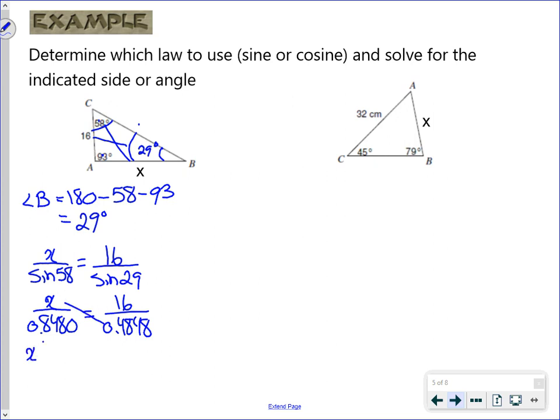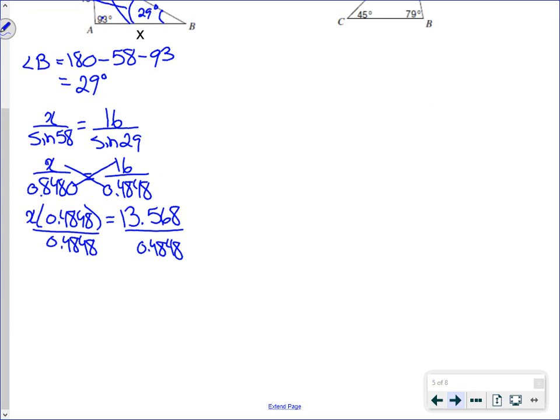So we'll have x times 0.4848, and this will equal 16 times 0.8480 multiplied together, which is 13.568. We're going to divide out the 0.4848 from both sides. When we do that, we will end up with x equals 28.